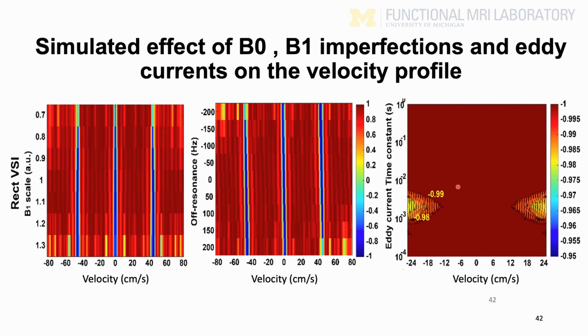Okay, any questions on this? There's a lot of information in these plots, and they're a little bit difficult to parse. The ideal pulse would just give us nice straight blue lines at the target velocities, and everything else should stay red.